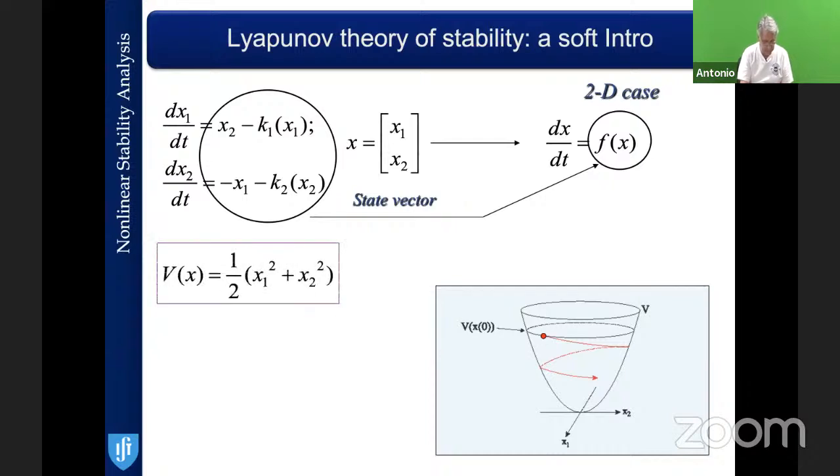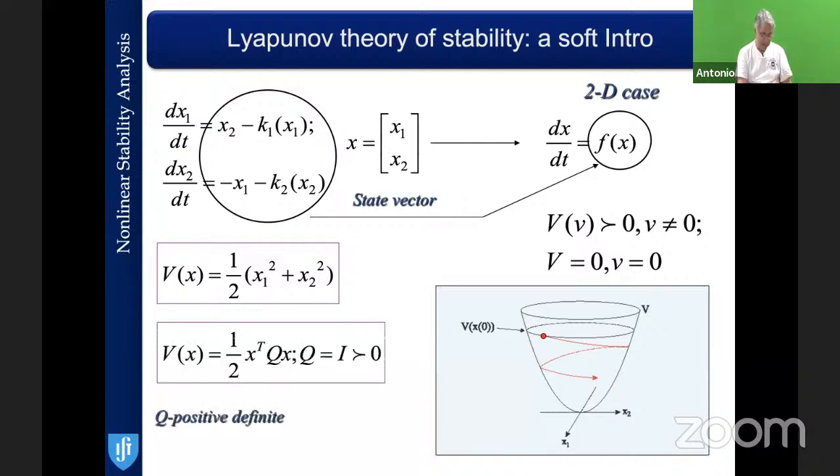So I simply do this: 1/2 of x1 squared plus x2 squared, and now you get the paraboloid. Notice again that this paraboloid satisfies the conditions of a candidate Lyapunov function. It's always greater than 0, except at the origin.